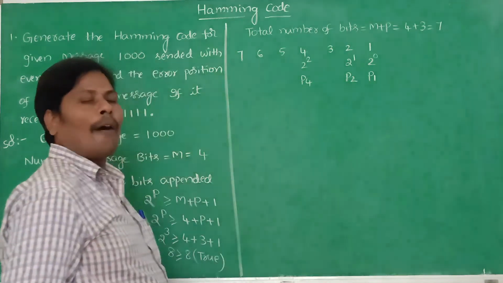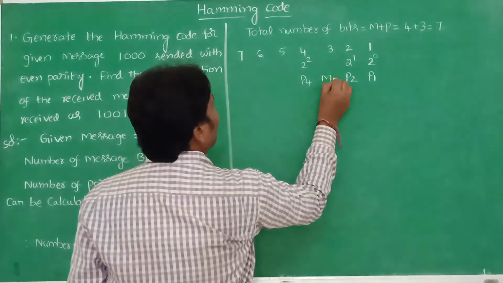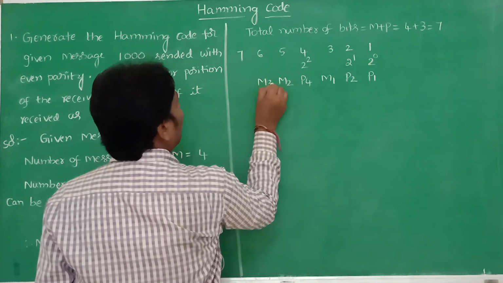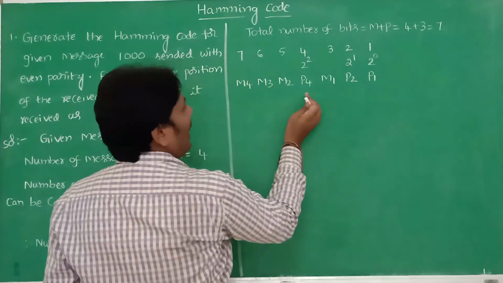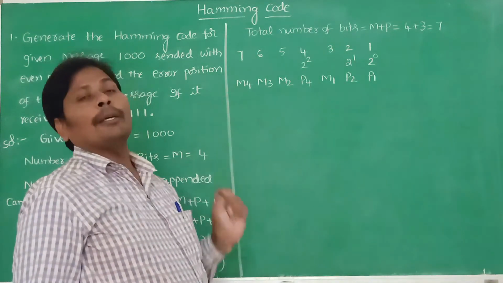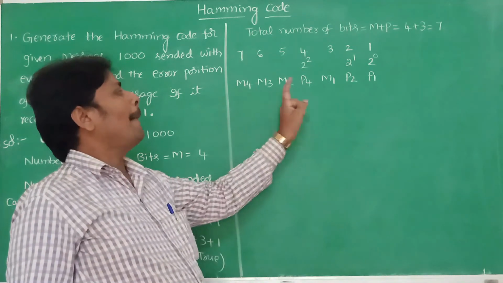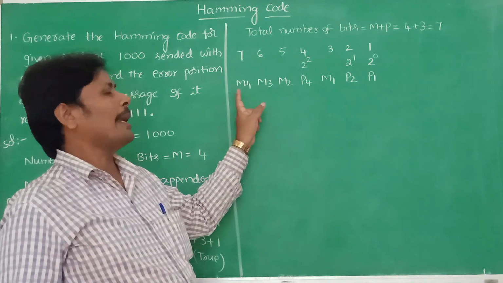And the remaining are message bits. The message bits are M1, M2, M3, M4. So once we have located the parity bits at the power-of-2 positions, the remaining bit positions are filled with message bits M1, M2, M3, M4.